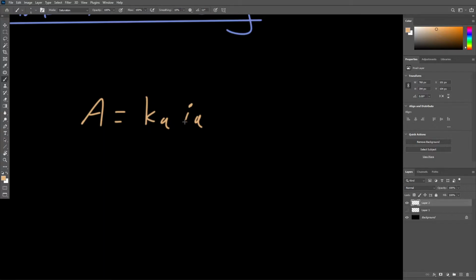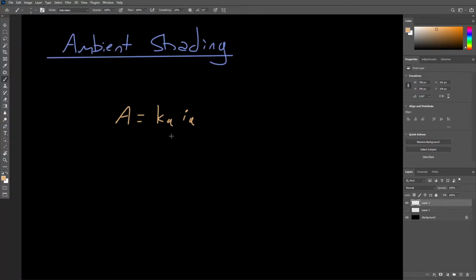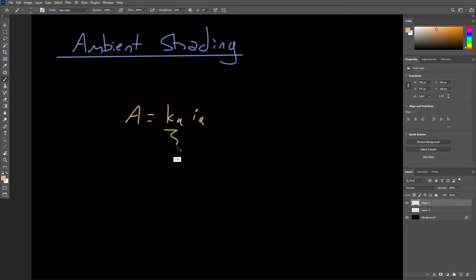So just a coefficient for ambient reflection, and we could think of that as the color of the ambient light, and of course the intensity of the ambient light. Pretty straightforward. That's just how bright this universal illumination actually is. So a very simple equation, and we'll be using this formula to introduce an ambient shading term into the simple shading model that we're building up to here.